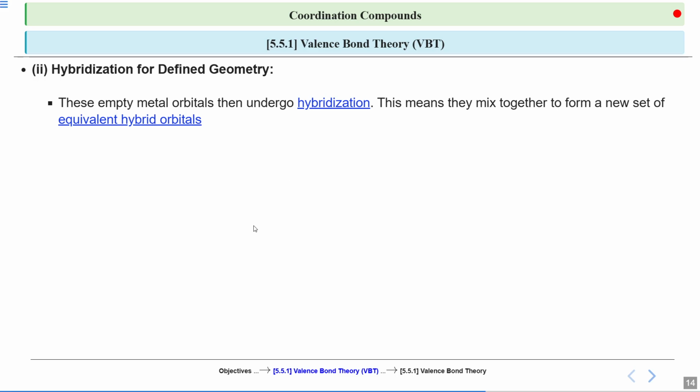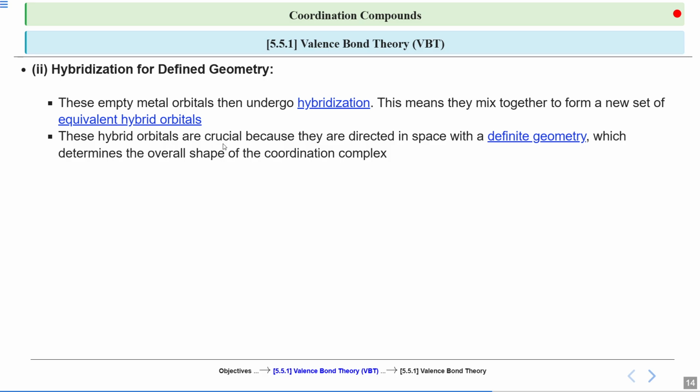That's why the empty metal orbitals will undergo the hybridization process, for the availability of the pairing of the electrons to form the chemical bond. After the hybridization they mix together and form a new set of equivalent hybrid orbitals for better bonding with the upcoming ligands.